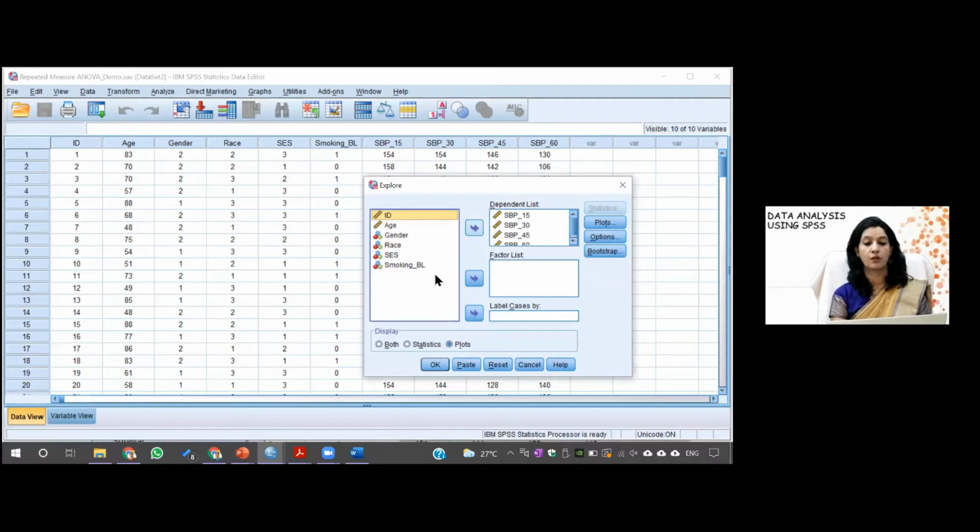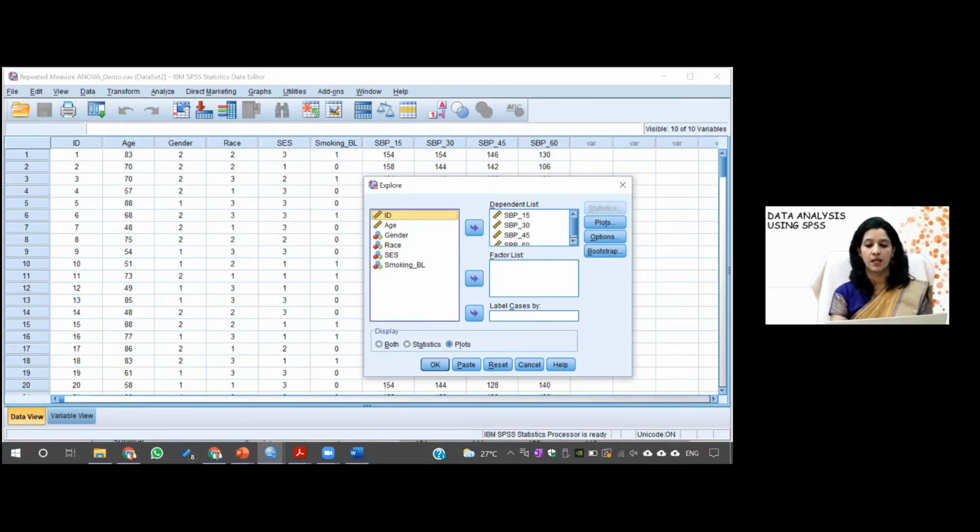You move all the 4 variables. The question was, I have administered some drug and I want to see whether the blood pressure has decreased, and I have measured 4 values of blood pressure on the same set of individuals at 4 different time points, that is at 15 minutes, at 30 minutes, at 45 minutes, and at 60 minutes.